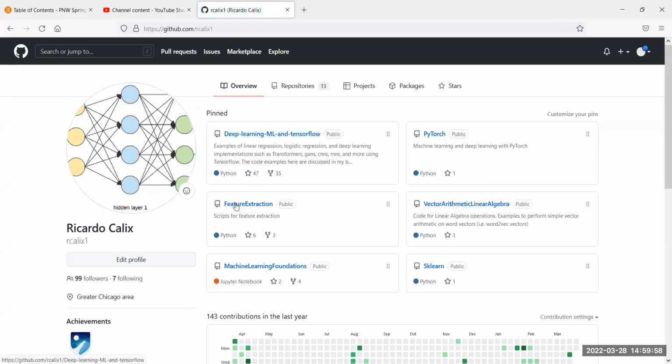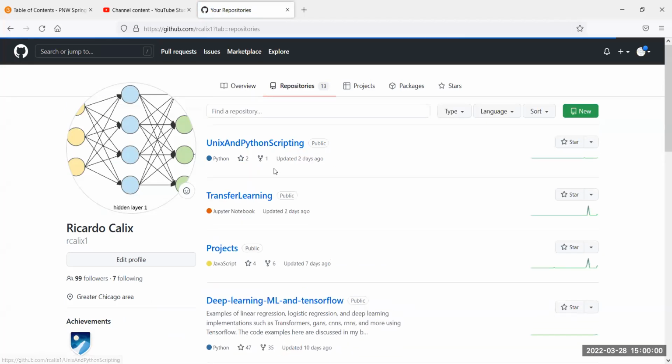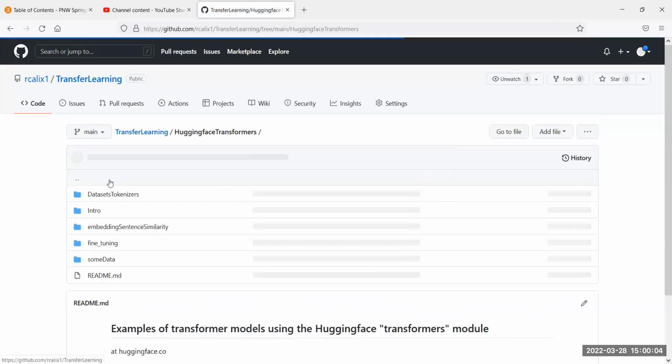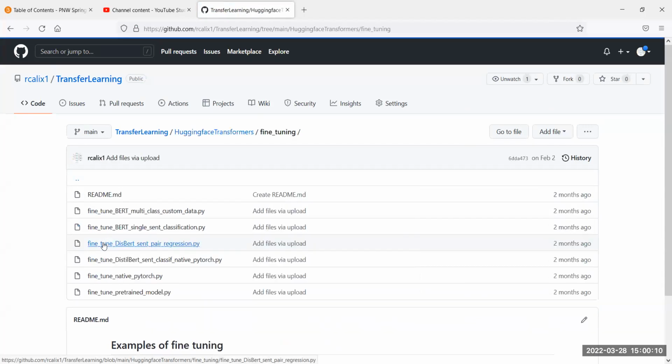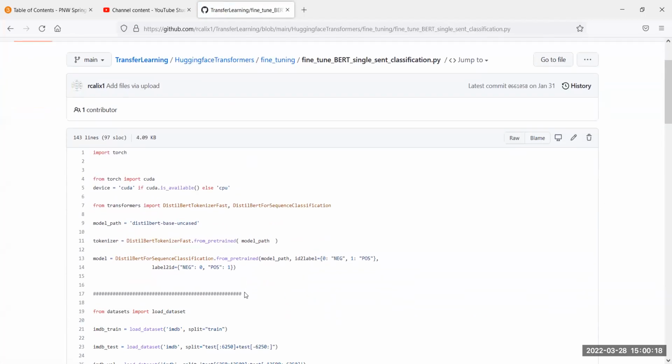Then we go to repositories, transfer learning, target phase, and then fine tuning. These are the ones we looked at, not all of them, but in particular one of these. Was it this one?